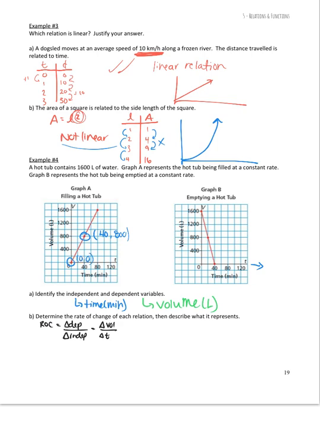All right, so the rate of change, in this case, is the change in our volume. So our final volume between the 2 points we picked is 800, take away our initial volume, which was 0, all over our final time, which was 40 minutes, take away our initial time, which was 0 minutes.